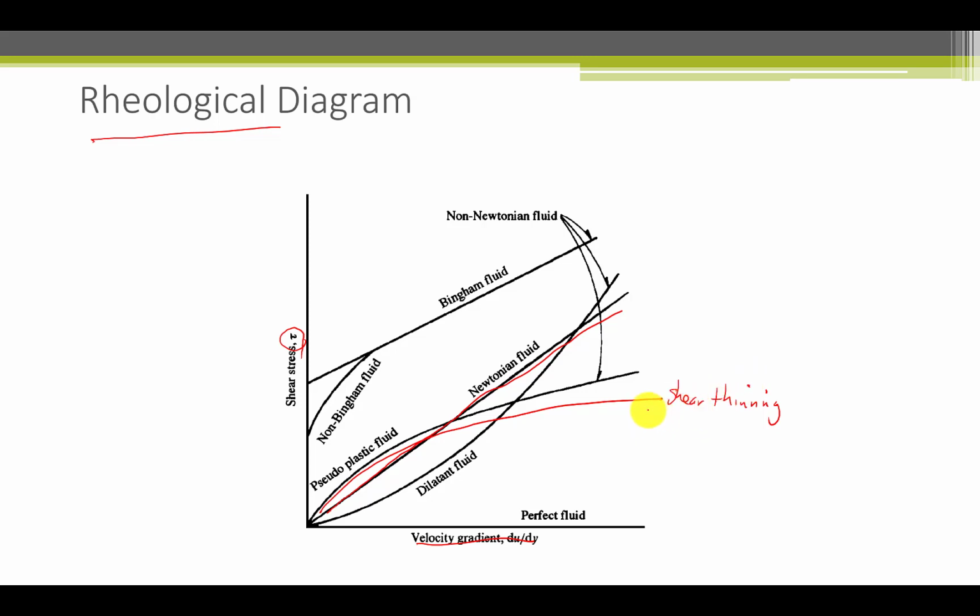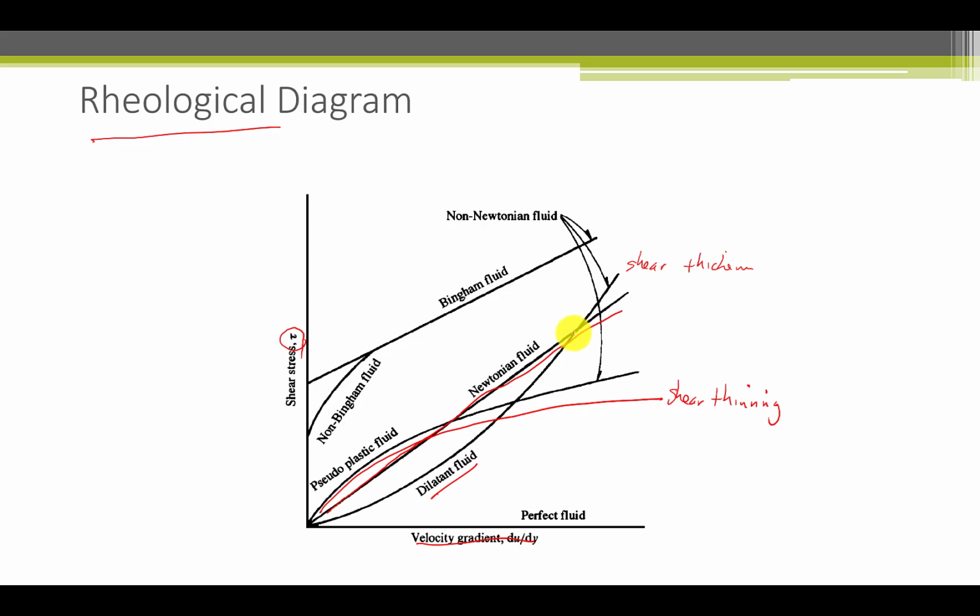There are other fluids that can do the opposite. So cornstarch in water is an example of a dilatant fluid or shear thickening fluid. And yet there are other examples of fluids that require a minimum amount of stress, a yield stress, for the fluid to even begin to move. So toothpaste is an example.